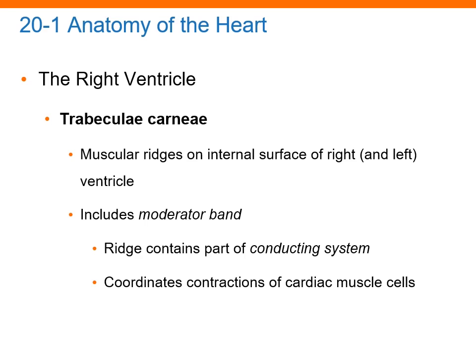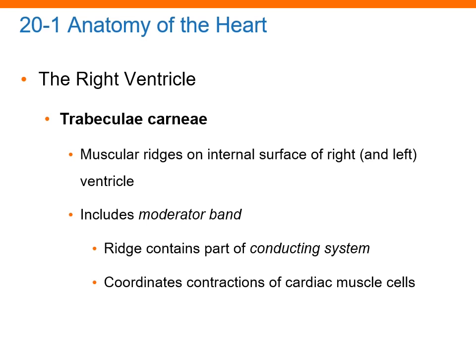It's basically almost like a spongy network, that muscle there, rather than smooth muscle. I don't mean smooth muscle in the strict definition of it, but it's not shiny or smooth. It's more rough, right? And it's got a network or a sponginess, so that's called trabeculae carneae.